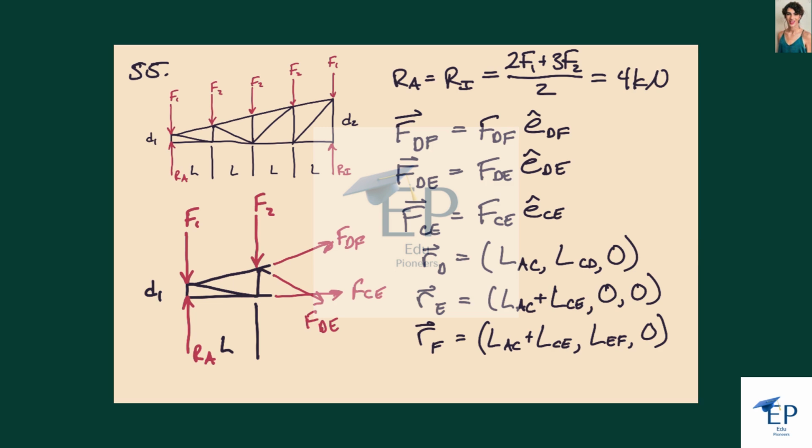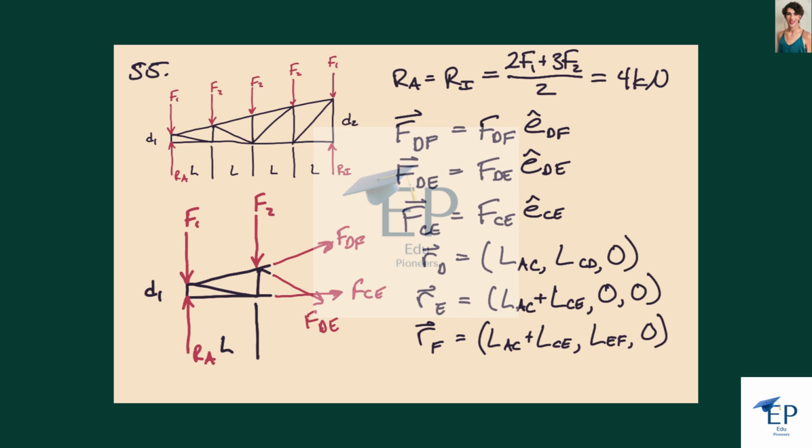The position vector to E, this point out here, is LAC plus LCE. And F is this position here: the same x distance, plus LEF in the y direction. And then I make them have three components, so we can take cross products in the computer easier.